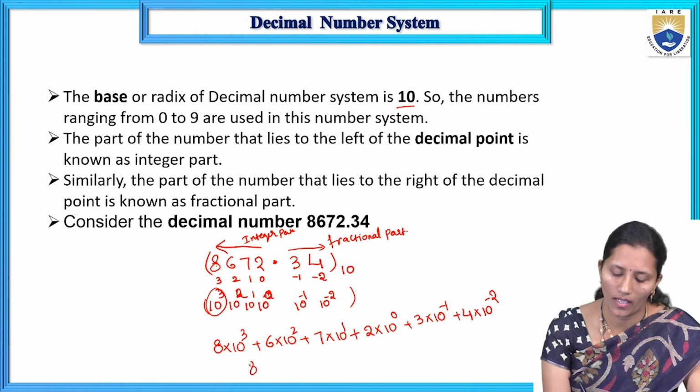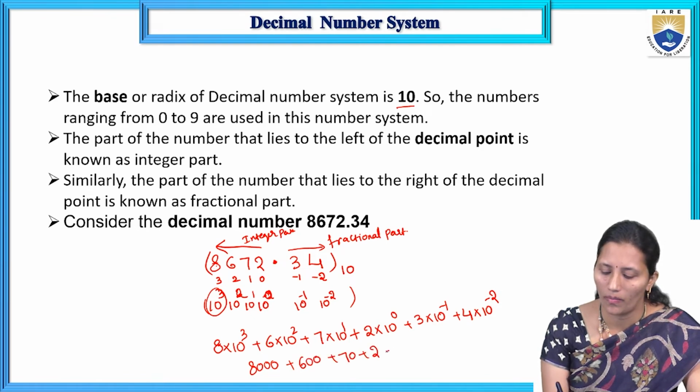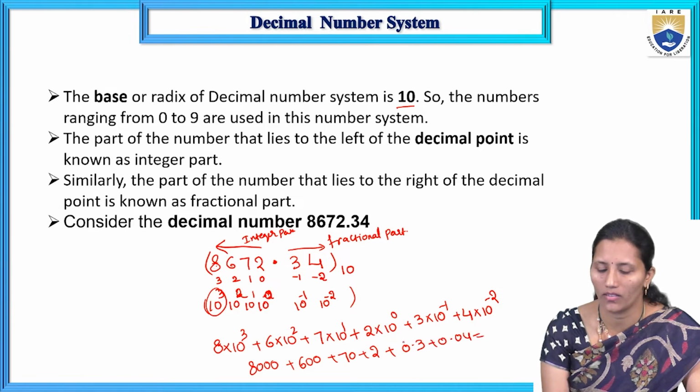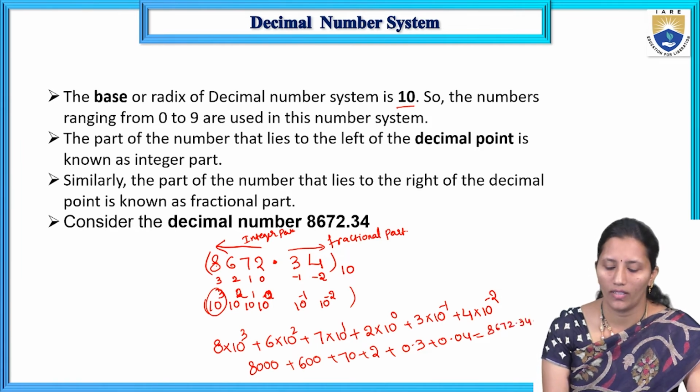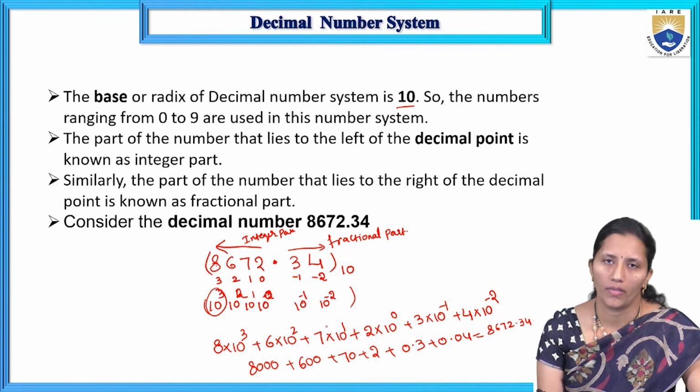So this is 8000 plus 600 plus 70 plus 2 plus 0.3 plus 0.04. If we add this up, we get 8672.34. It is equal to the weighted sum of the individual positions of the number.